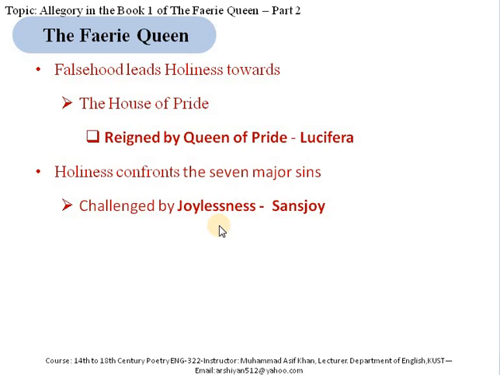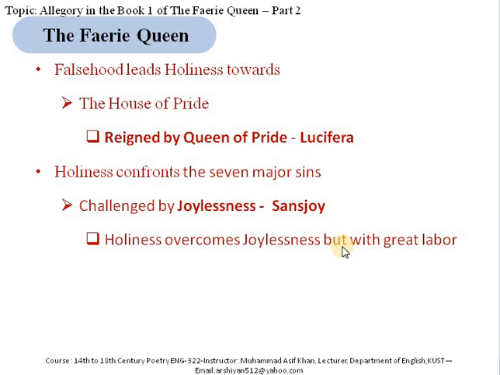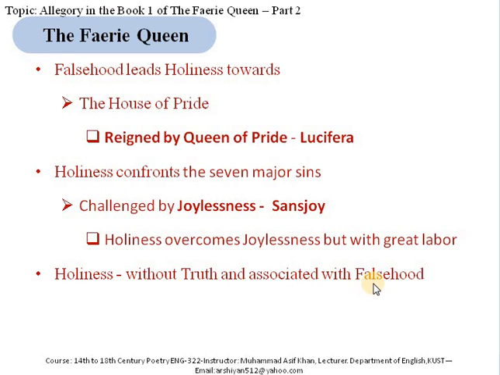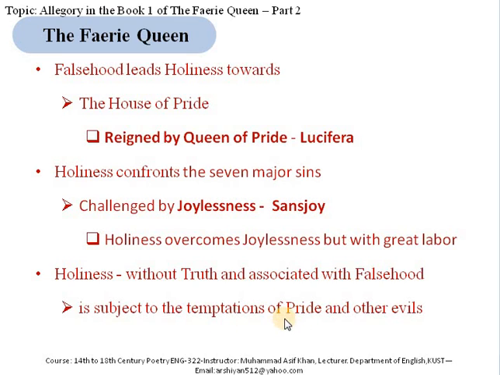Though holiness overcomes joylessness, we see that it has to put great labor into overcoming it. Therefore, holiness without truth and in association with falsehood is easily subject to the temptations of pride and other evils. So that is the summary of the main concepts which we studied in the last lecture.